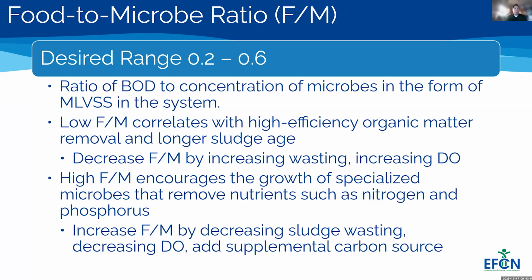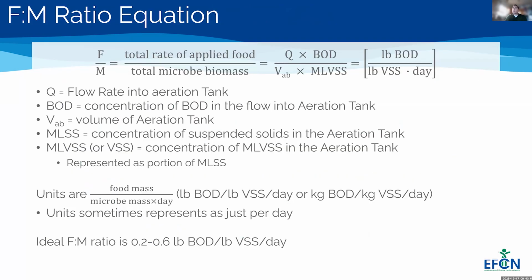Now, in order to calculate your F to M ratio, this is the equation we use. Like I said, that rate of applied food is going to be your biochemical oxygen demand, and the M is going to be your microbial biomass.